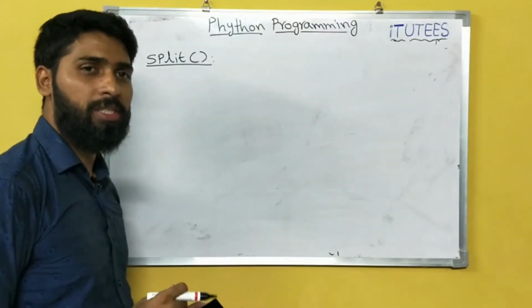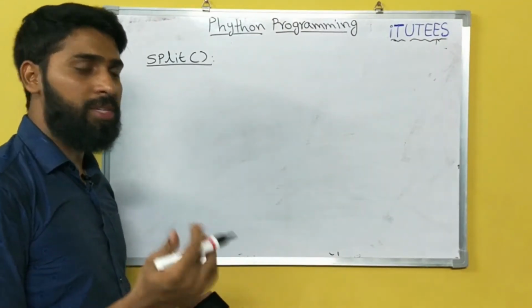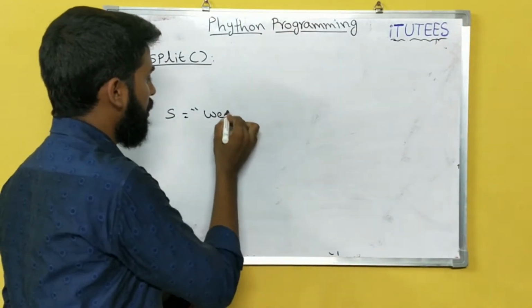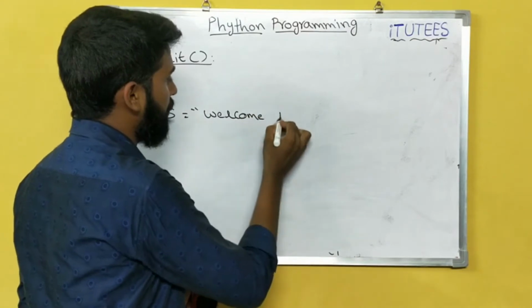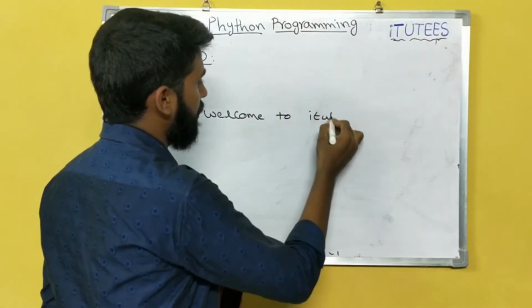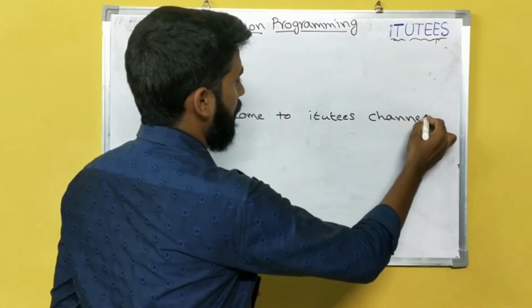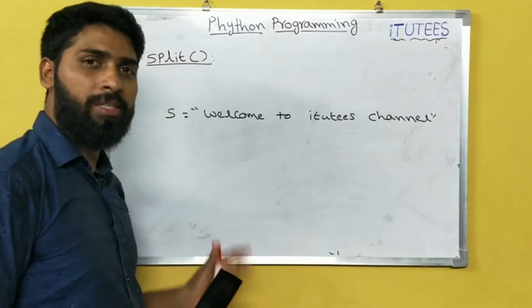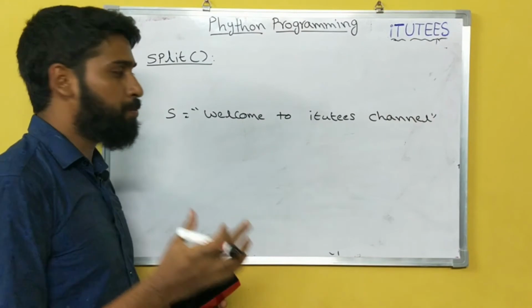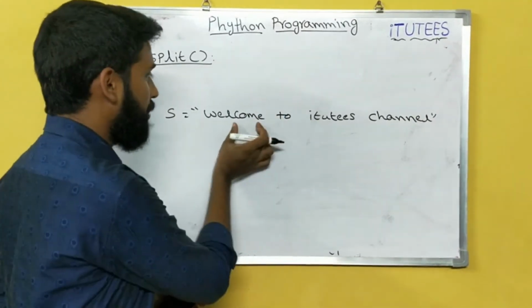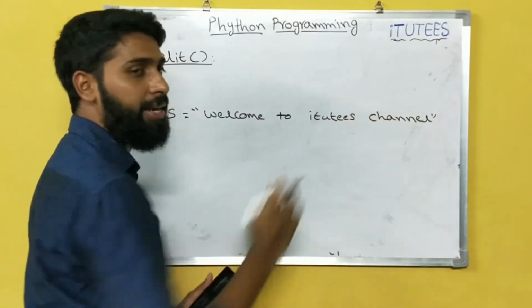Split function. That means if I have a string S equals to welcome to ITUTEES channel. Now, this is the string. I want to split this string into 4 substrings: welcome, to, ITUTEES and channel.